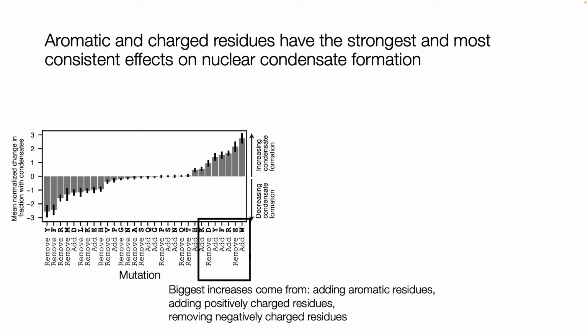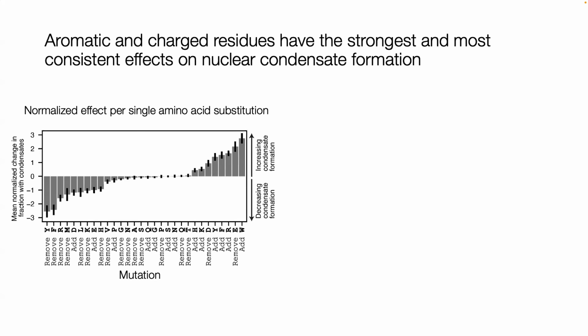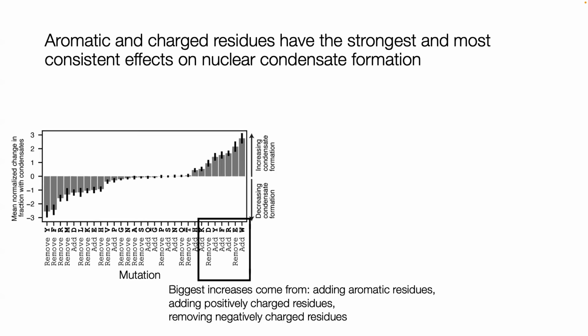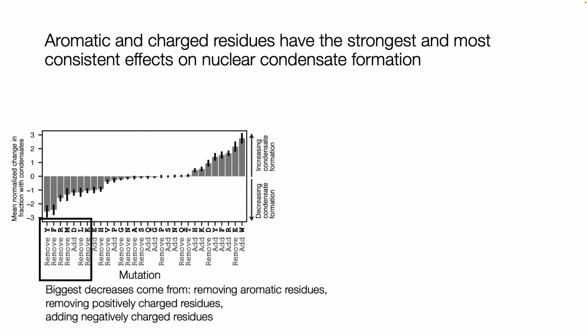And you can see that the biggest increases come from adding aromatic residues, adding positively charged residues, or removing negatively charged residues. And then if we look at what the biggest decreases come from, we see the exact opposite effects. So we see the biggest decreases come from removing aromatic residues, removing positively charged residues, or adding negatively charged residues.